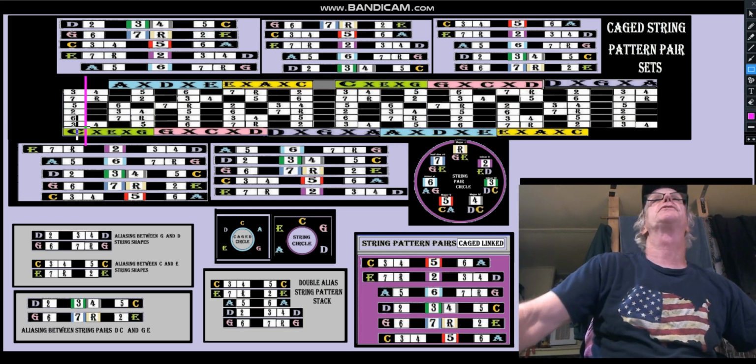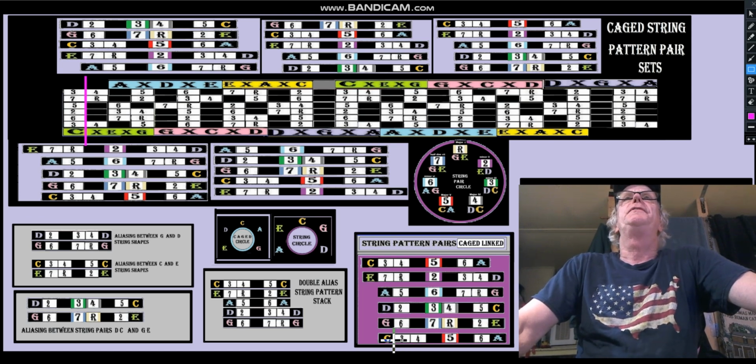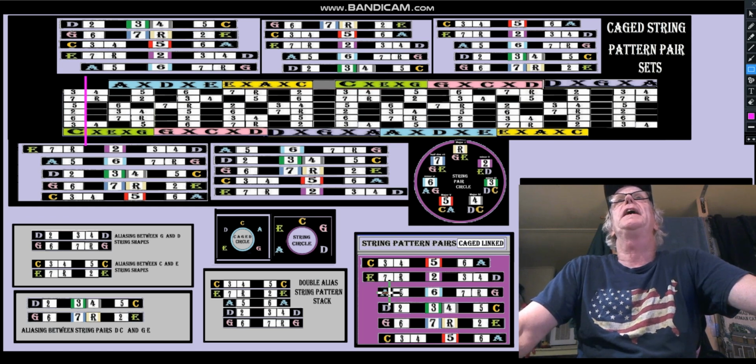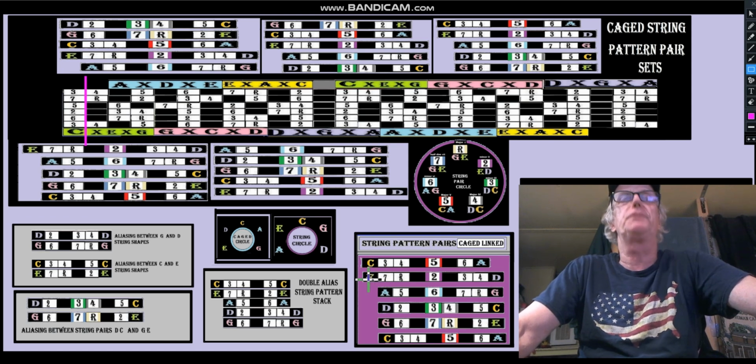So here are our string shapes. Okay, so the 5th of C is G, the 5th of G is D, the 5th of D is A, the 5th of A is E, but the 5th of E is B, but it's an augmented 5th. And then going in 4ths, the 4th of C is F, but it's a diminished 4th.